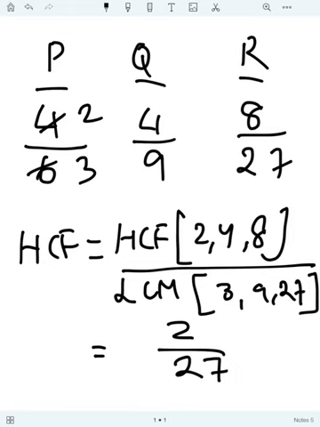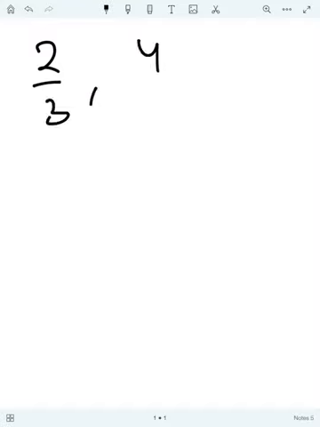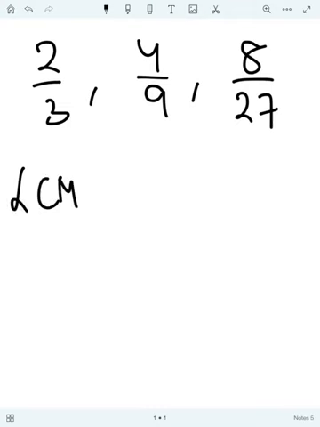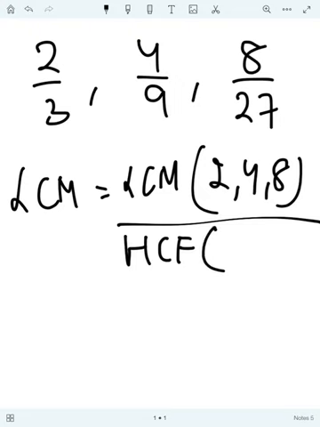I hope it is clear to you. Now we will take the LCM. The final fractions were 2 by 3, 4 by 9 and 8 by 27. LCM of these fractions: LCM of numerators 2, 4, 8 divided by HCF of denominators 3, 9 and 27.